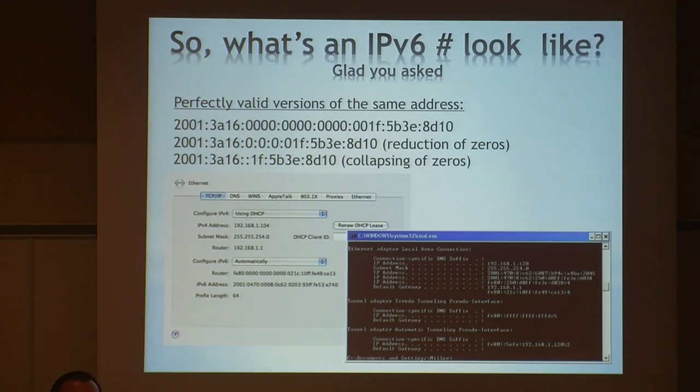Running Leopard. It's a G4 dual 1.8, but it's still grinding away, and it's still running just fine. When I told it, yes, support IPv6, this is the address it gave me. Here's my router, here's my address. And you can see right here on my Windows XP box, it gets the same addresses. So it's using that information, it's able to communicate over both protocols.